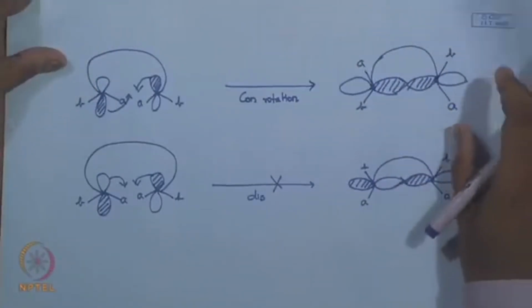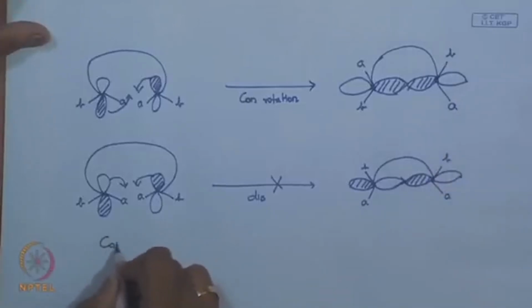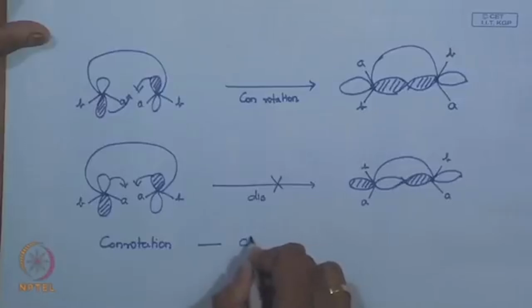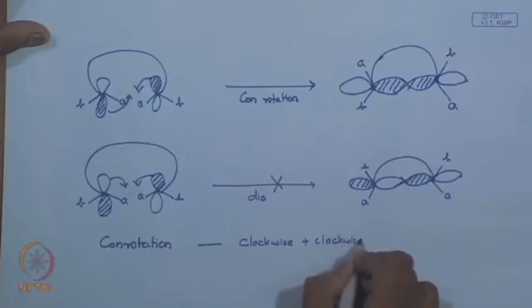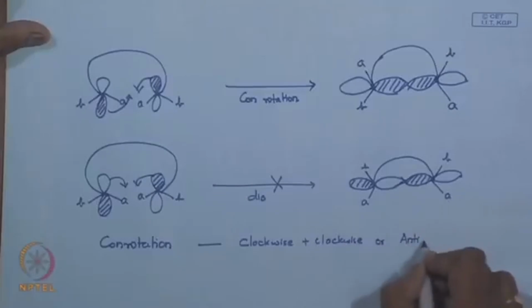Fine. So, just to summarize, conrotation is nothing but, I can say, either clockwise plus clockwise direction, or it can be anti-clockwise plus anti-clockwise.